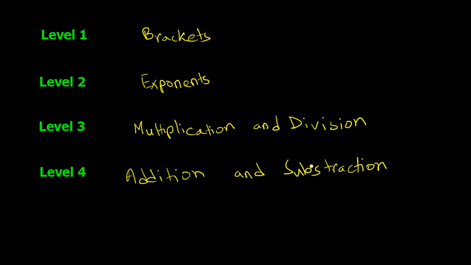So multiplication and division is on the same level, addition and subtraction is on the same level. What is the difference? Well, let's look at addition and subtraction first and see if they actually matter. Suppose we have 5 plus 5 minus 2. If I do addition first, what do I get? 10, and minus 2, which is 8. Now let's do the same thing, but do subtraction first. 5 minus 2, that's 3, and 5 plus 3 is 8. Let's do another one. 50 plus 10 minus 20.